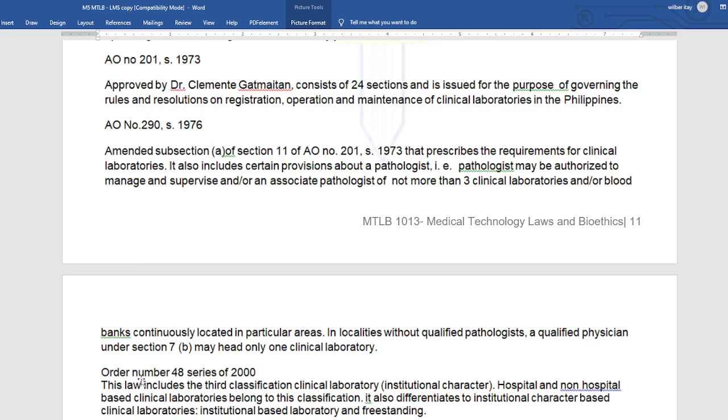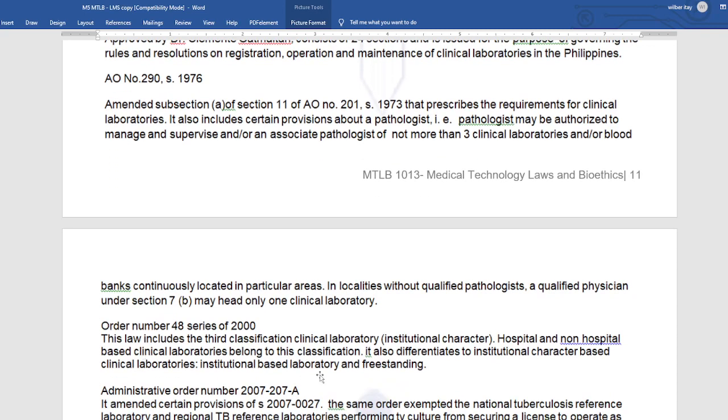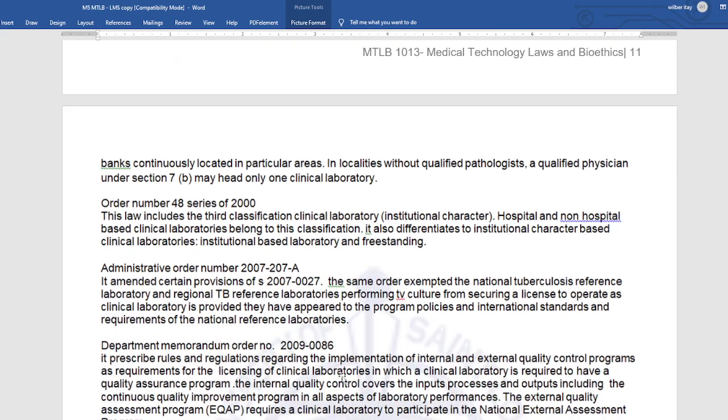Sa Order number 48 series of 2001, ito yung nagka-classify ng clinical laboratory based on institutional character kung hospital or non-hospital based. Also, yung differentiation ng institution-based and freestanding.